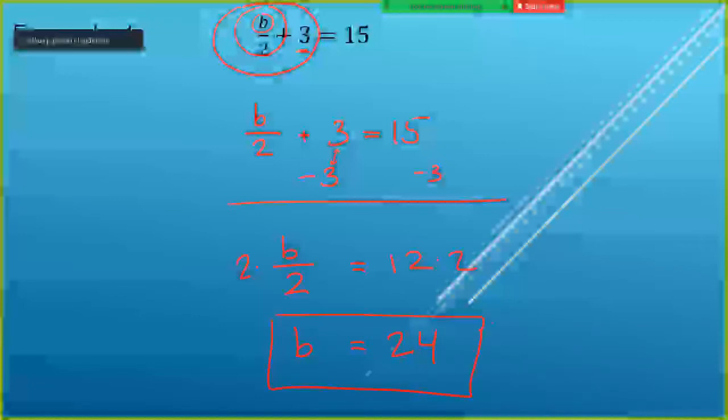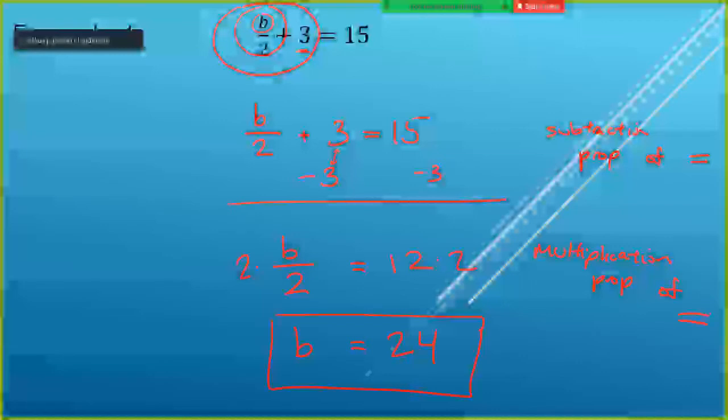So by the way, this was a two-step problem. We did minus 3 for both sides, and then we did times 2 to both sides. So what did we use in this problem to solve it? We used the subtraction property of equality, and we used the multiplication property of equality.